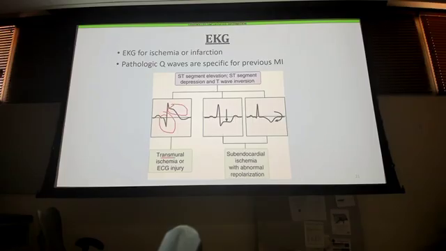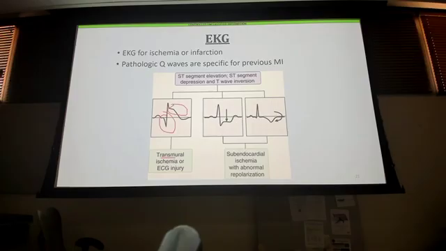What this is saying is that the blockage was so severe that the full thickness of that area of the muscle, the myocardium, was impacted and died. So if you see ST elevations, it's the full thickness of that area of the muscle that's impacted by that perfusion deficit.